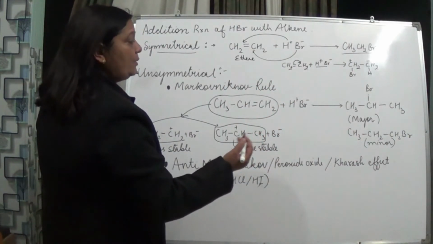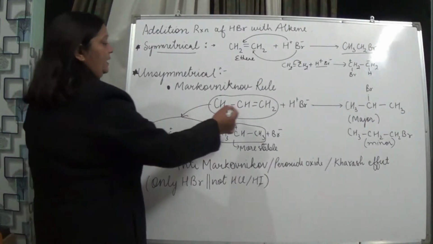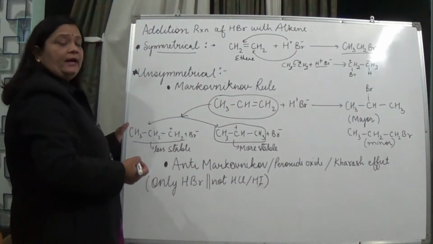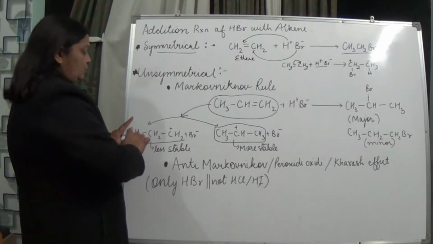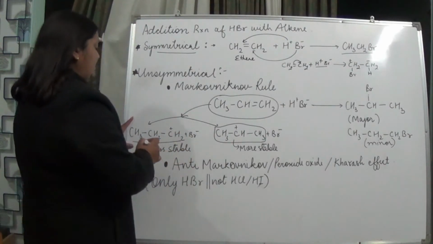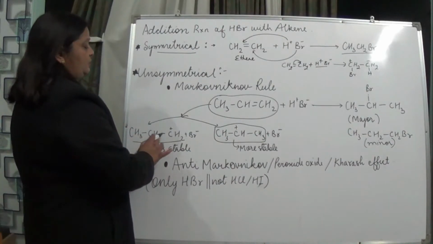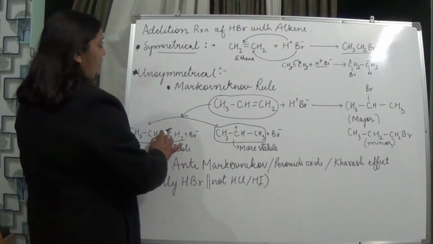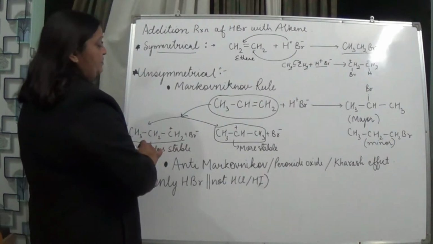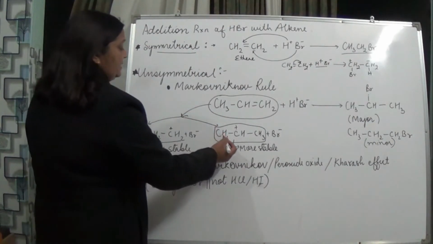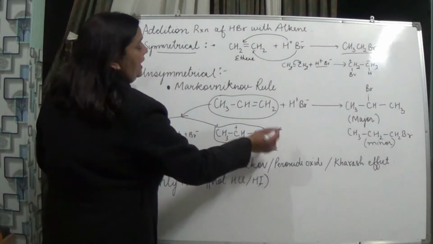Let us see how it works. As soon as we add HBr to it, it forms two carbocations: CH3CH2CH2+ with Br-, and CH3CH+CH3 with Br-.